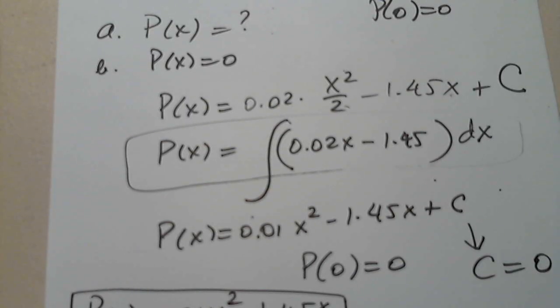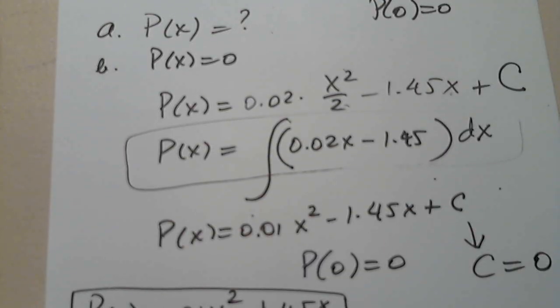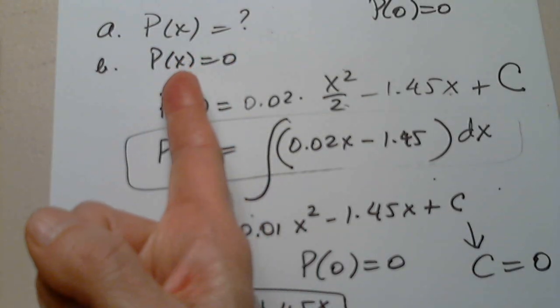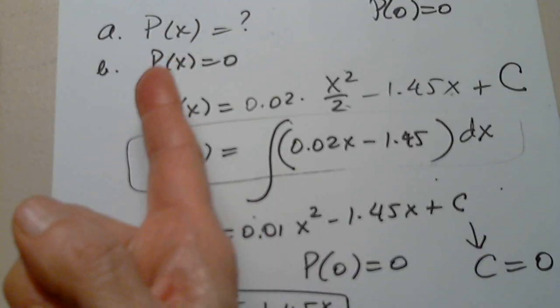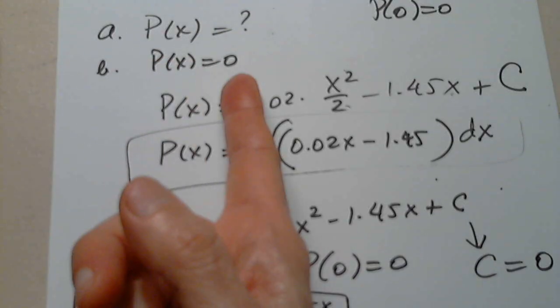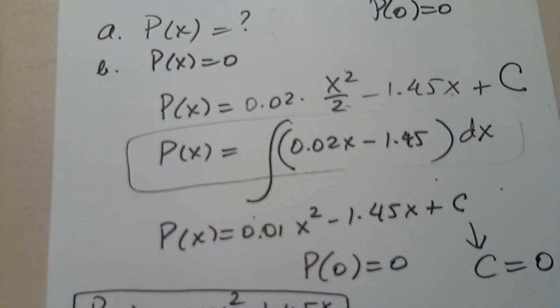Now in part B, I have the function, and they're asking how many units we need to produce for the profit to be 0, because that's the indication for the break-even point. Profit is 0, or revenue equals costs.